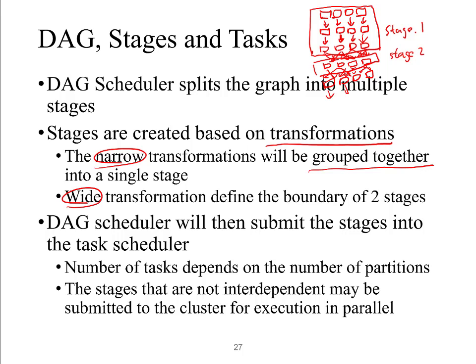But if there is no data shuffling, meaning another narrow transformation, then the third stage will be from here until the next wide transformation appears. All right. So now we have these stages.